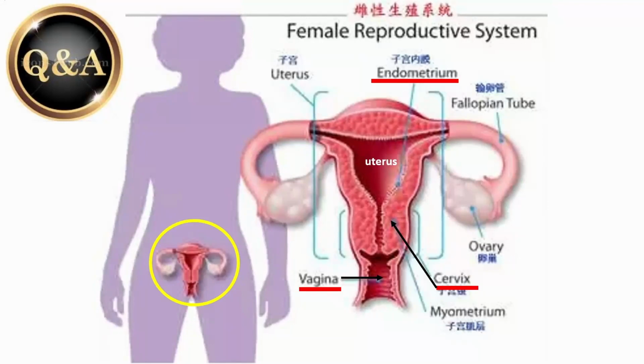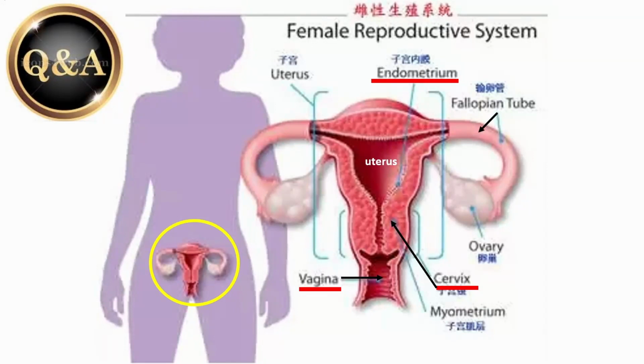The wall of the uterus is made of 3 layers. The inside is the endometrium. The muscular part is called the myometrium, and then the outer layer is covered by a special serous membrane called the peritoneum.